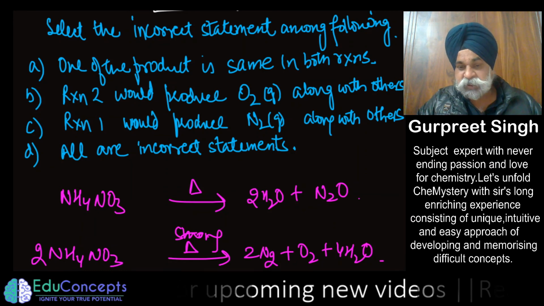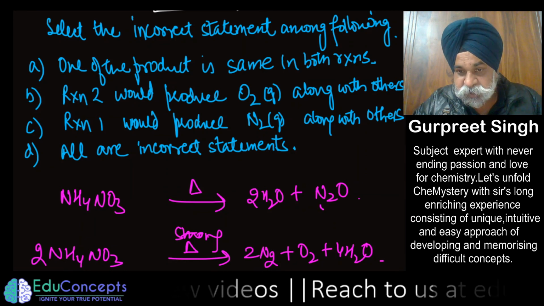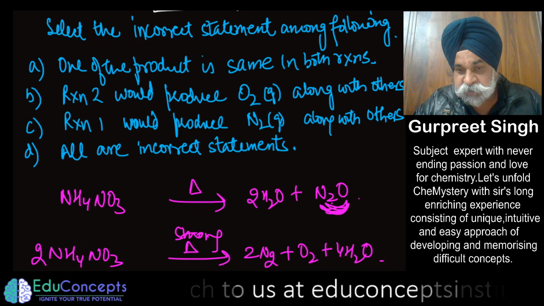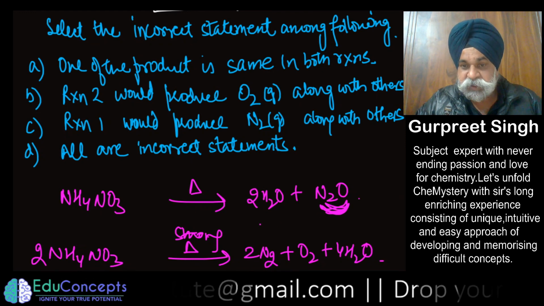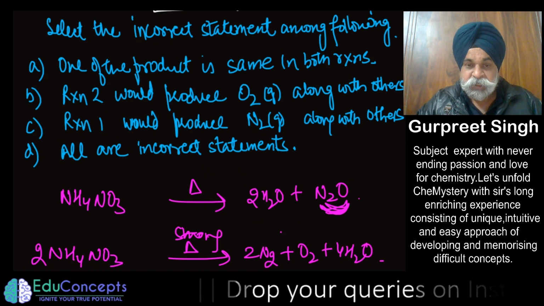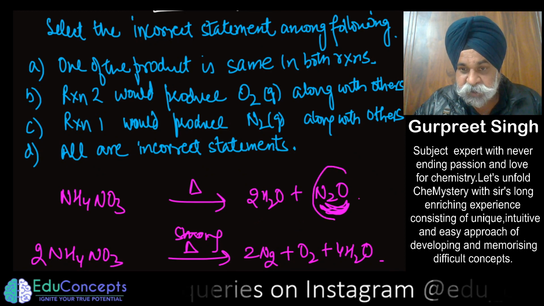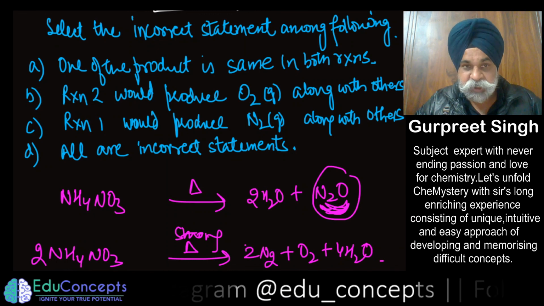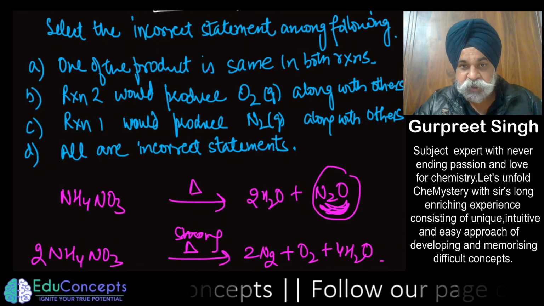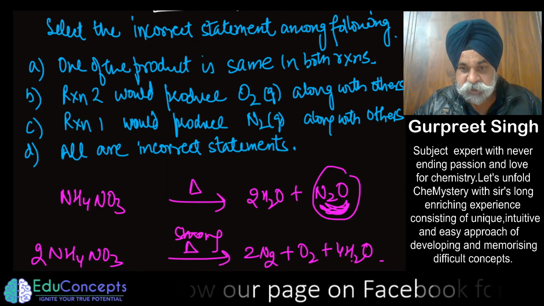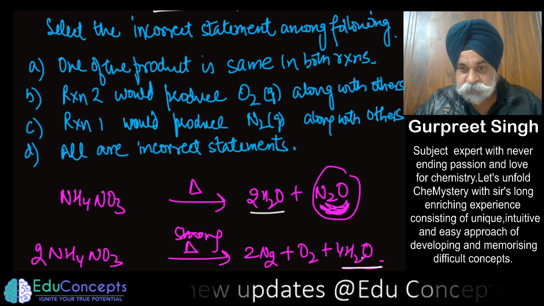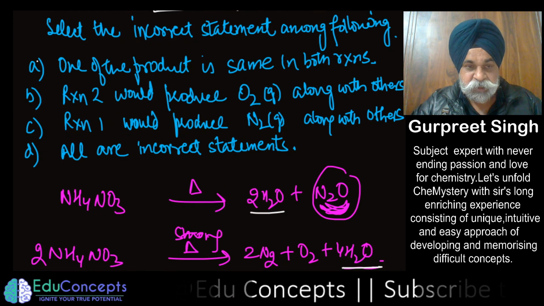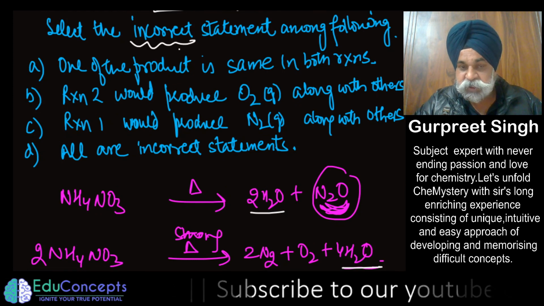So what exactly you have done is, if you have taken 2 moles, 2 moles of this would give you 2 moles of nitrogen and 1 mole of oxygen. That is what we have done, nothing else. So basically this further undergoes decomposition on strong heating. One of the products is the same in both reactions, that is water. So you can mark this as a correct one, but we have to select the incorrect statement.